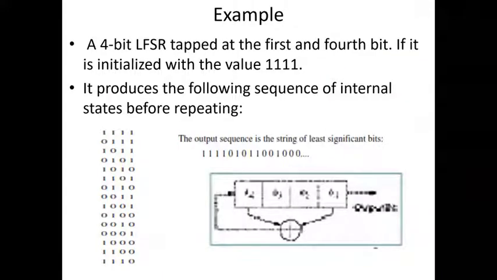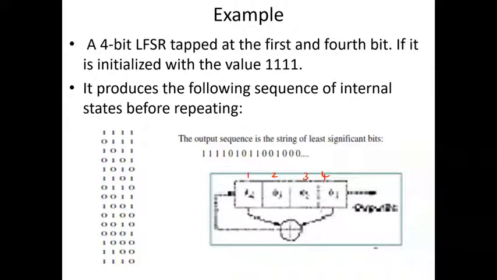This is a simple example of a 4-bit LFSR. You can have a look at this and you can see how the states are generated. The tap sequence used shows only the rightmost bit and the leftmost bit. So this is 1, 2, 3, 4.